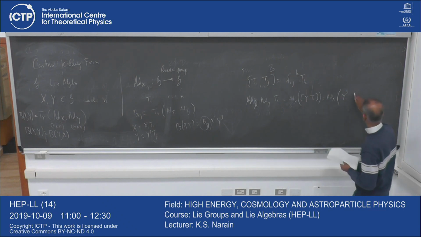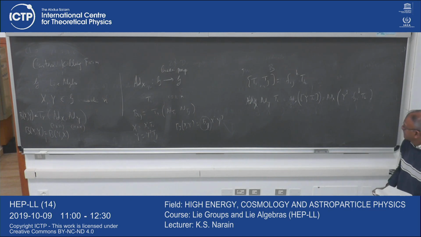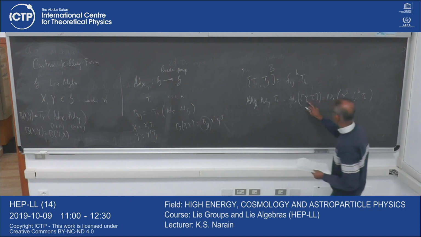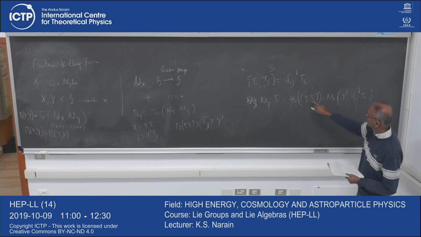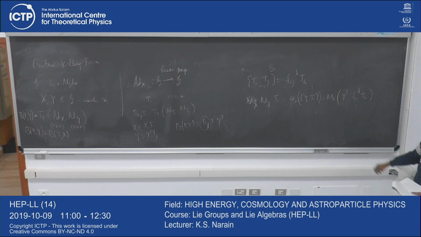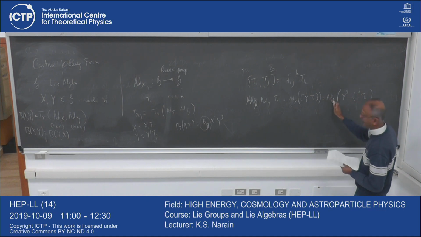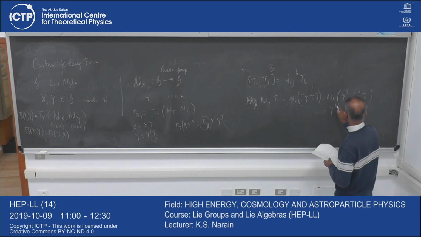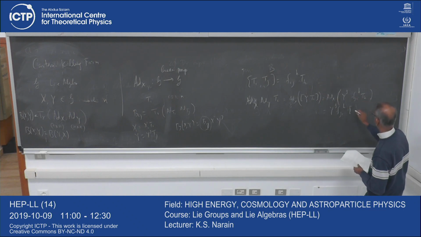But that is nothing else but f_ji^k T_k. I just use this expansion y^j T_j, and the y^j are numbers, so that doesn't enter in the commutation relation. The commutator of T_j with T_i is given from this formula in terms of structure constants. Now these are all numbers, so I can take this out of this ad x. So this is the same as y^j f_ji^k, and then I have to take the commutator of x with T_k.